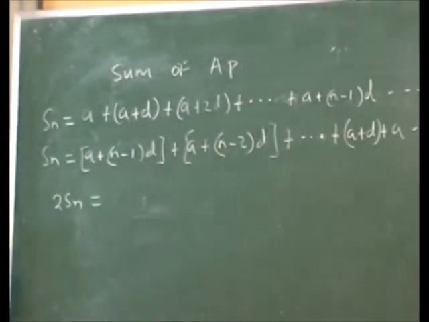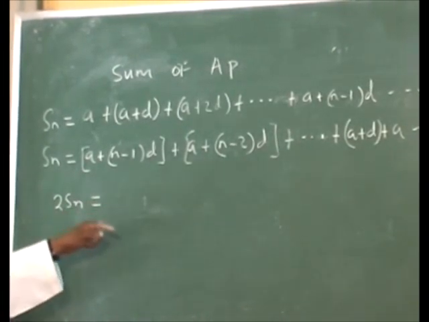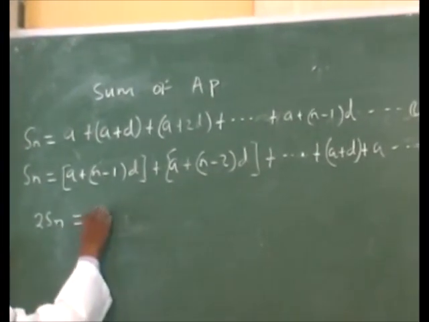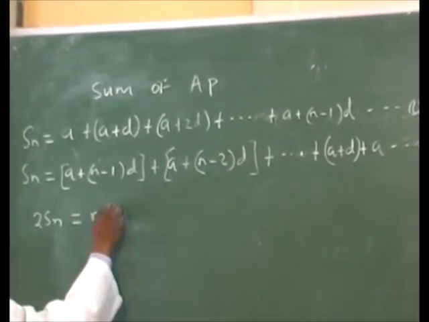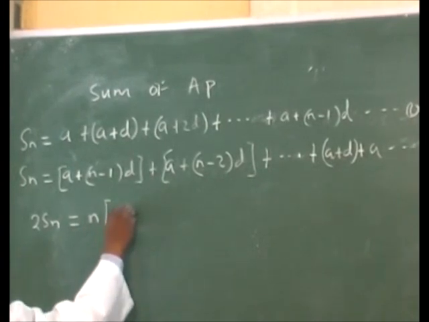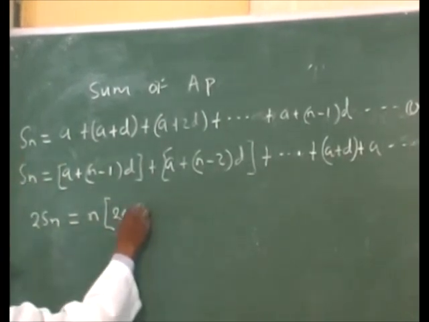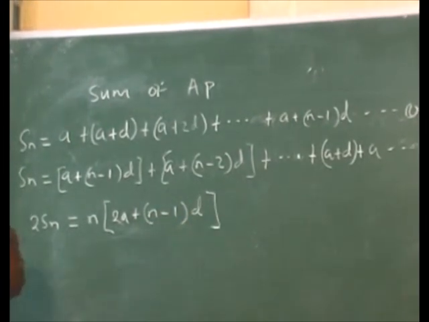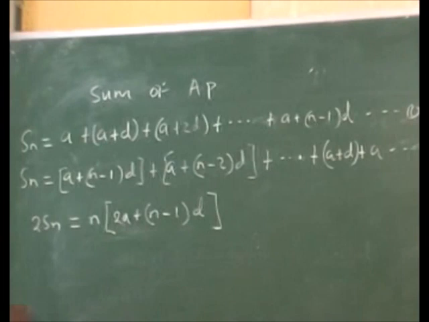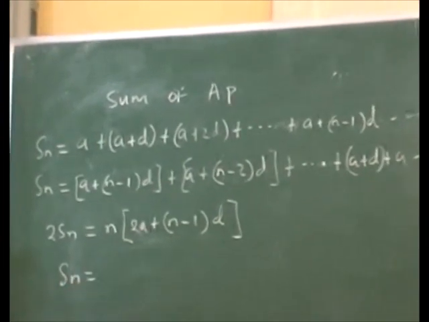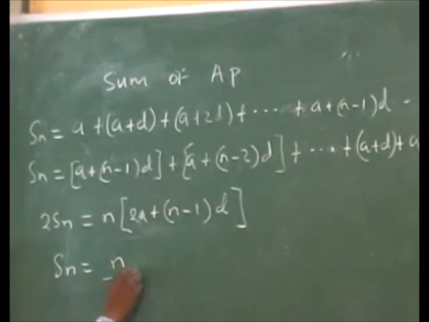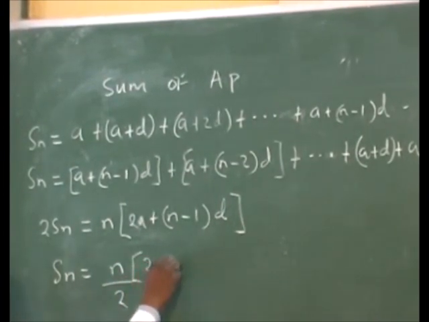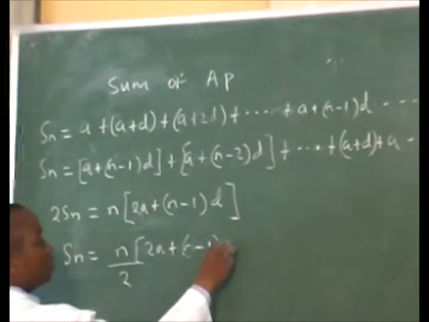We observe that it appears n times. So we can say n times 2a plus (n minus 1)d. And if it is so, Sn will be equal to n over 2 of 2a plus (n minus 1)d.